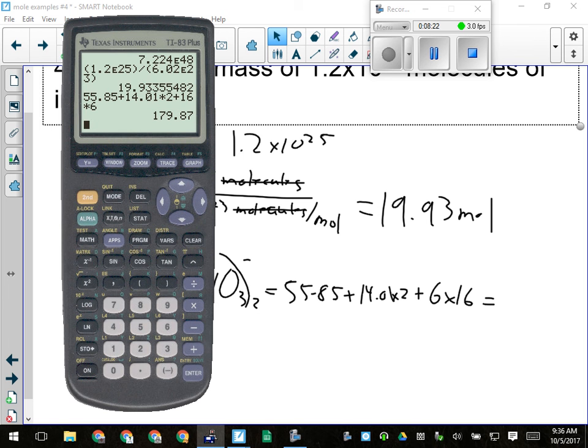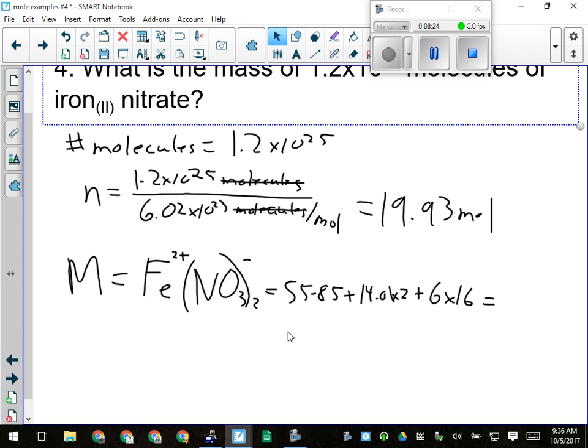So 179.87 grams per mole. That's what we got there.